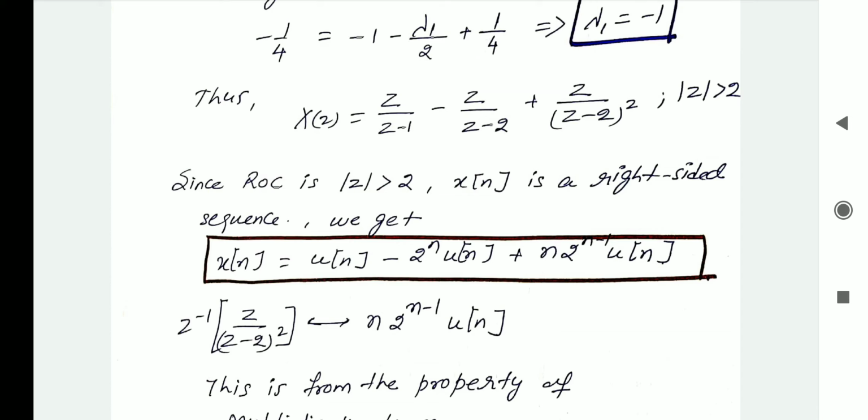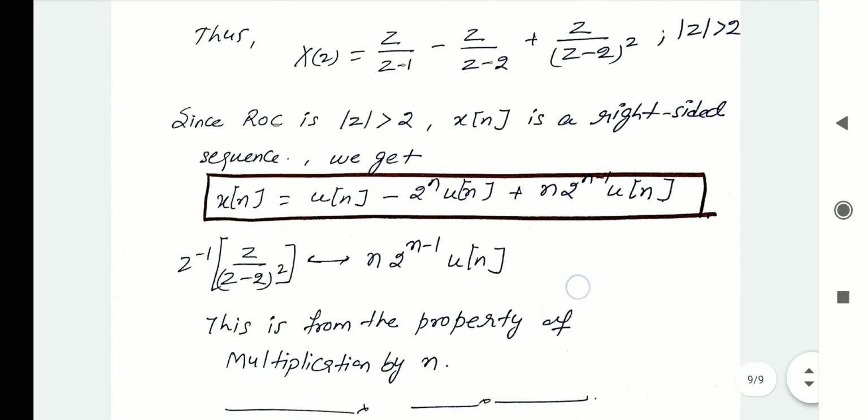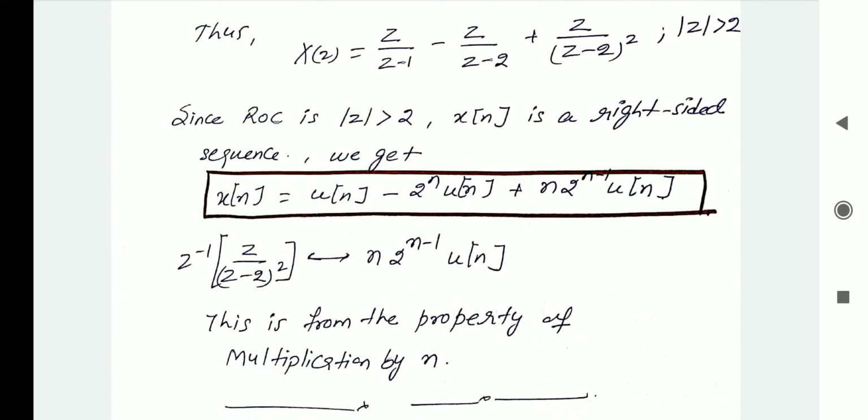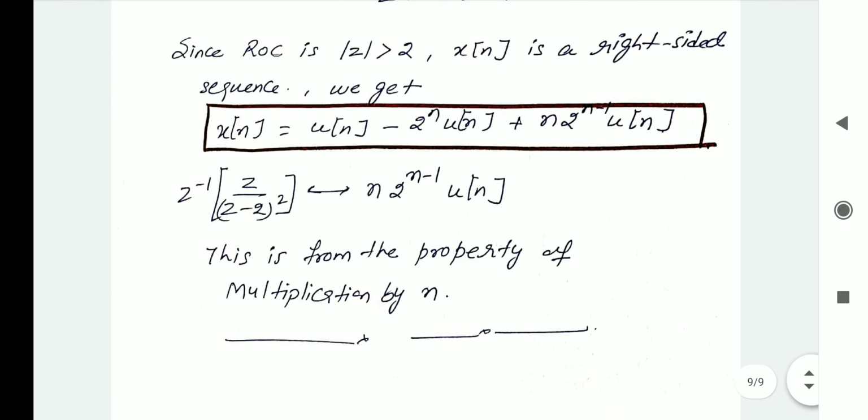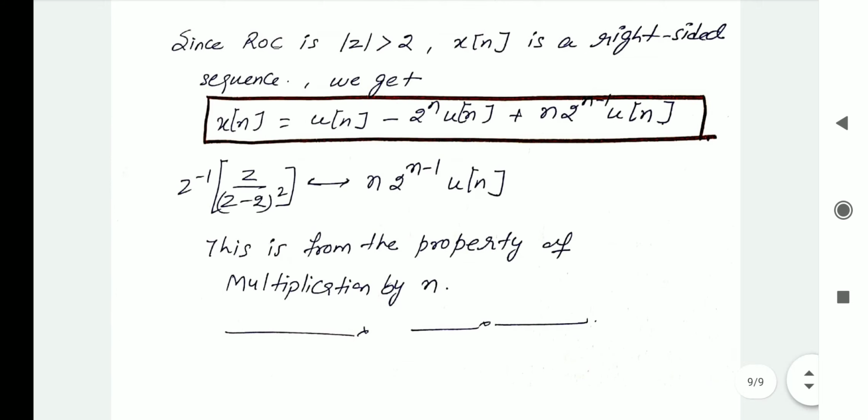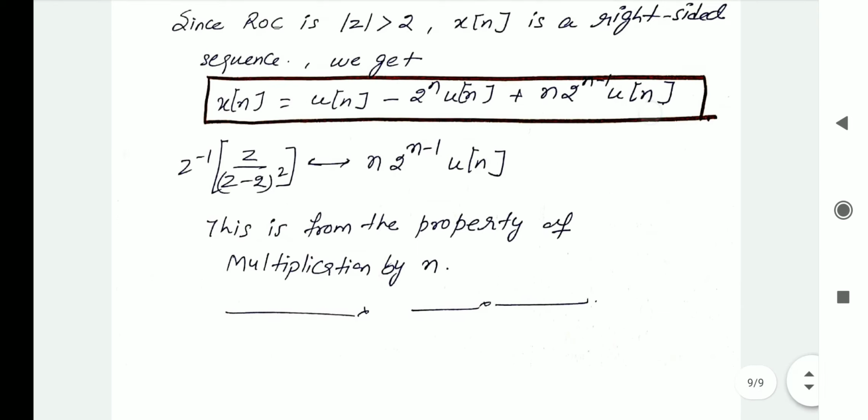For the third term, it is n into 2 to the power n minus 1 u of n, because this is the property of multiplication by z to the power minus 1. If I take the inverse z transform of z by z minus 2 whole square, it will be n times 2 to the power n minus 1 u of n. That is what we have written directly here.